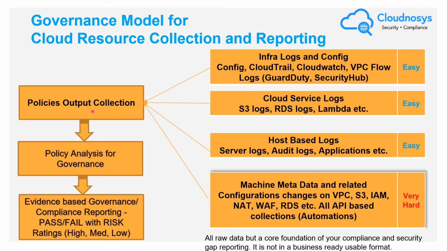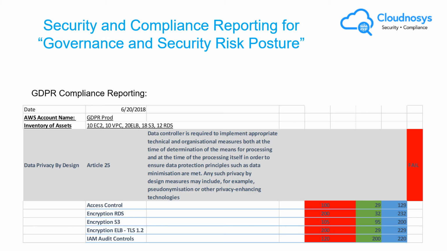So we pull all this together, or you should put all this together, I should say, and have your policy analysis for governance, and then be able to create your pass fail and rate those risks high, medium, low. It's important because without that, you're just not going to go anywhere. And the output should look something like this. If you were to map that to a compliance framework, and that says, hey, for GDPR Article 25, we have 29 passing and 100 failing.